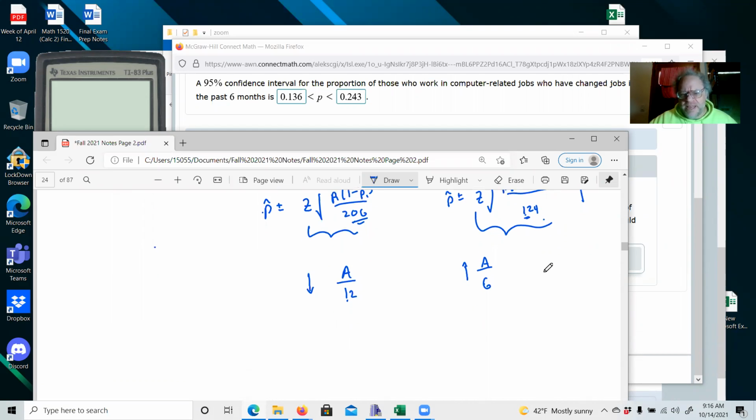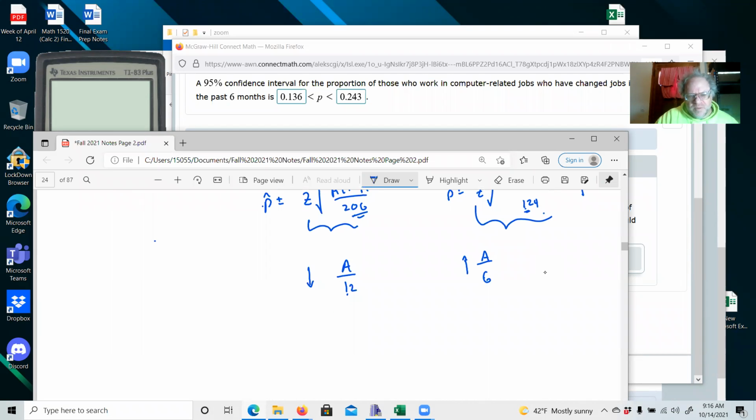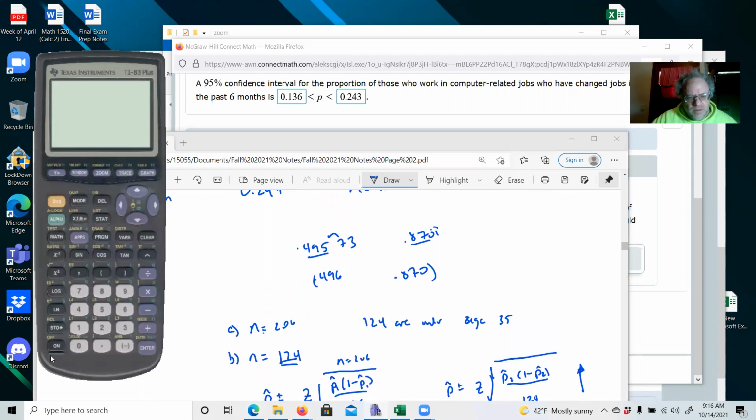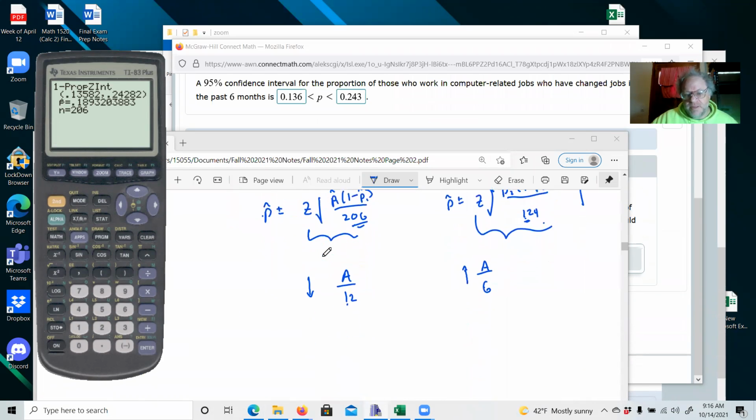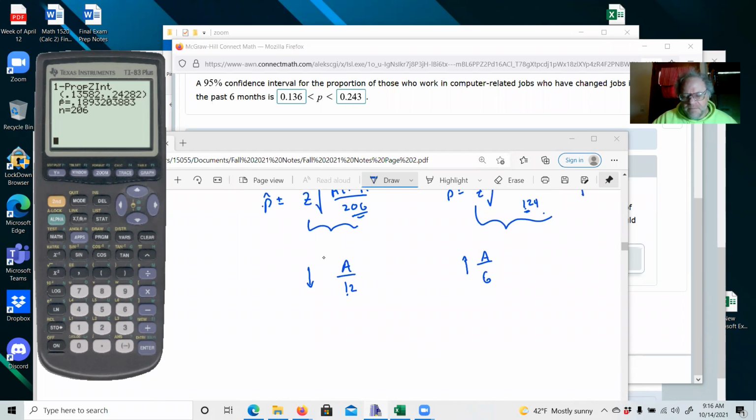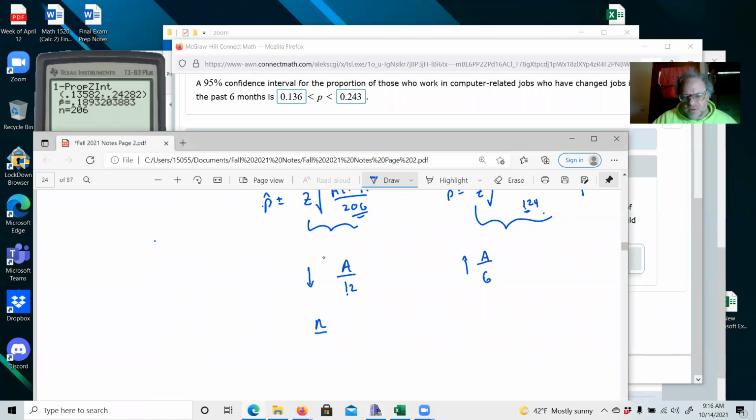So how do I get my P? What did we have here? What was my proportion? P hat is about 19%. So we're going to say X over N was about 0.19.